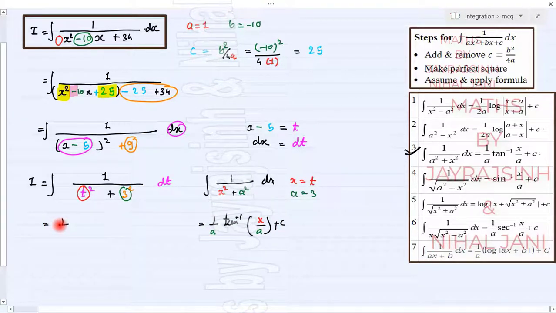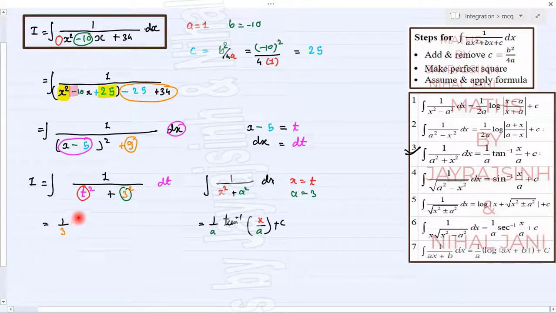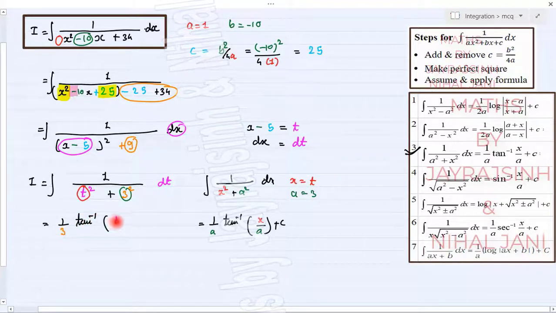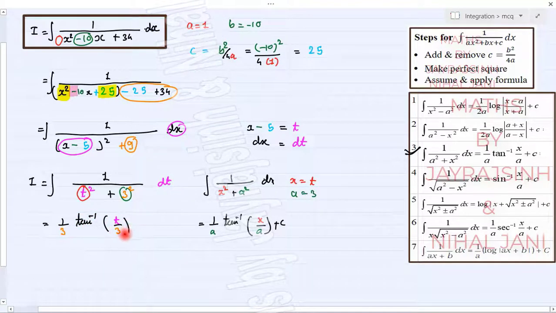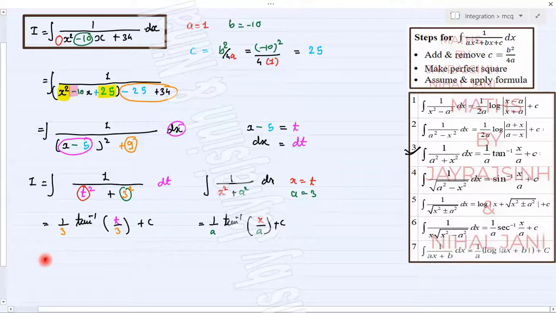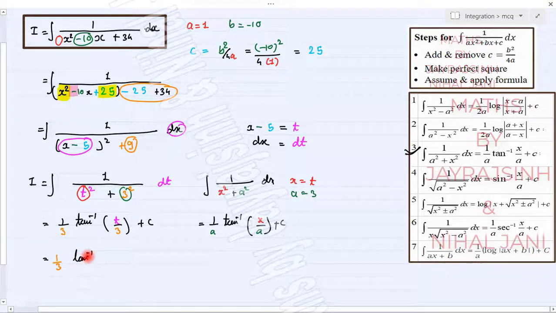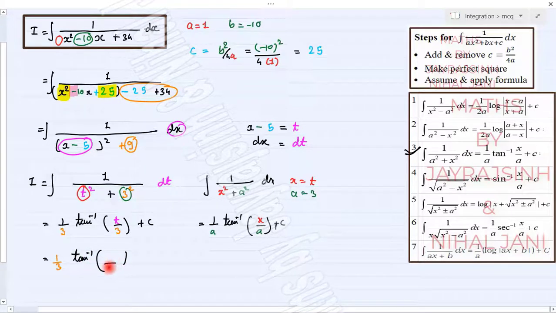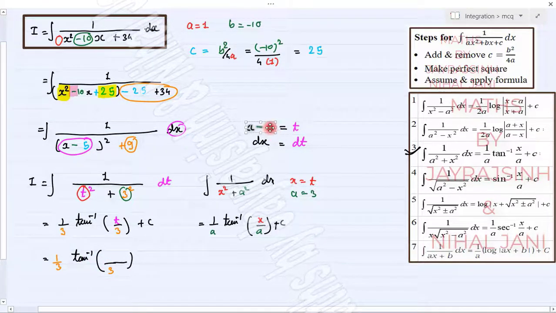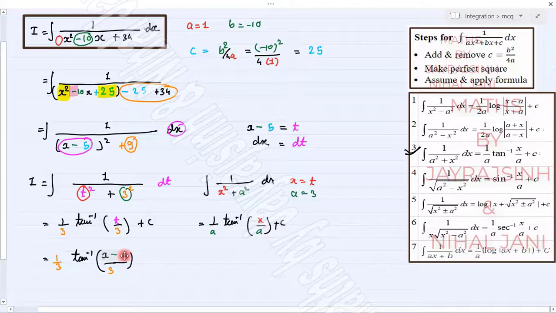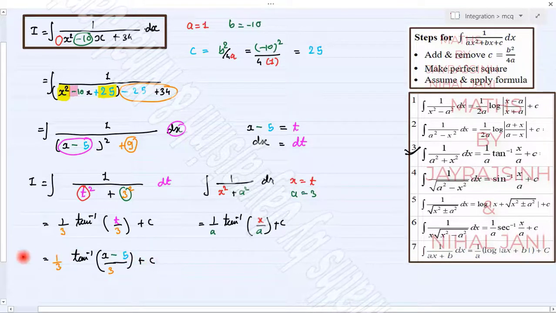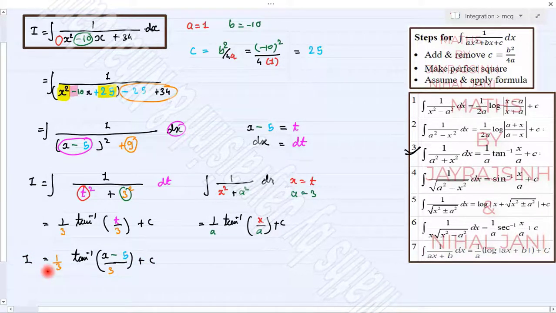So here we'll get 1 upon 3 tan inverse of t by 3 plus c. And to get the final answer, we just have to place the value of t, which we assumed as x minus 5 plus c. So ta-da!